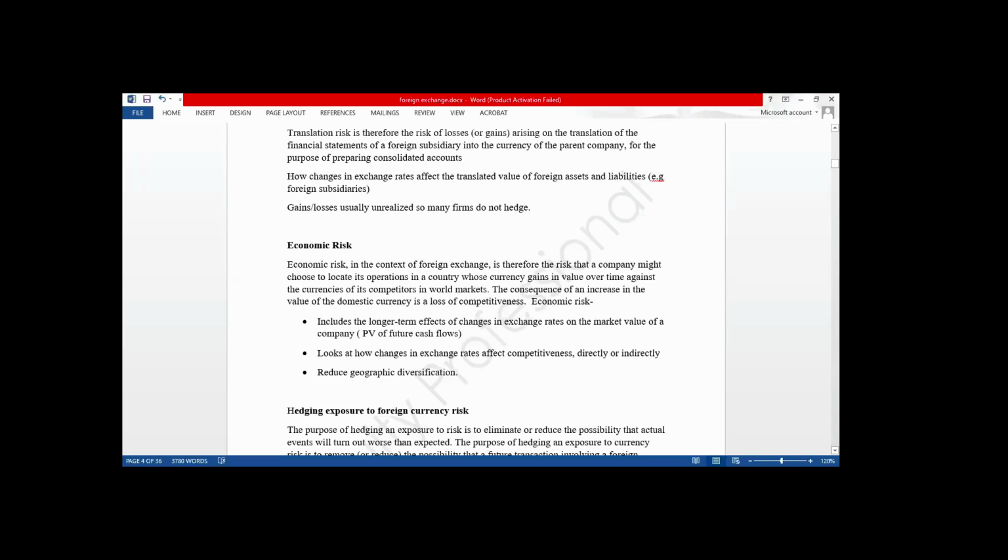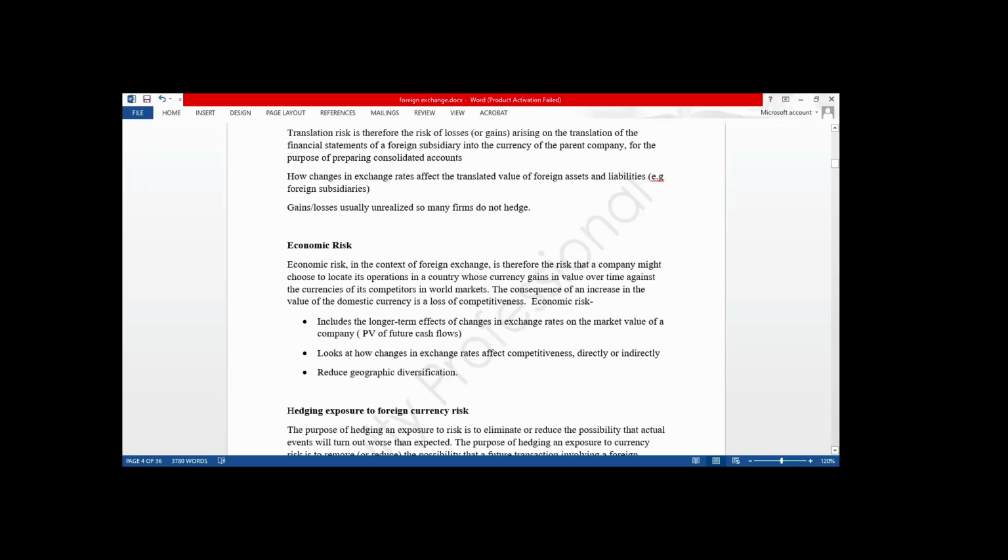Economic risk can affect the present value of future cash flows from foreign transactions. This risk can reduce remittances. It can reduce the remittance from foreign subsidiary to the parent company.